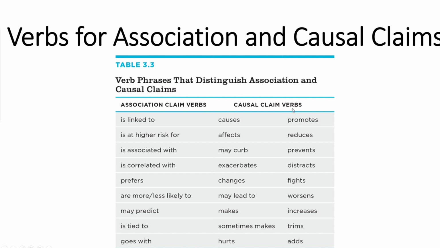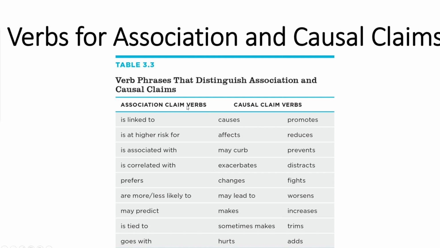And so this is a handy chart that the textbook has given us, which gives us some hints about words that you might see in a study or maybe in an exam question that would tell you if they're describing an association claim or a causal claim.